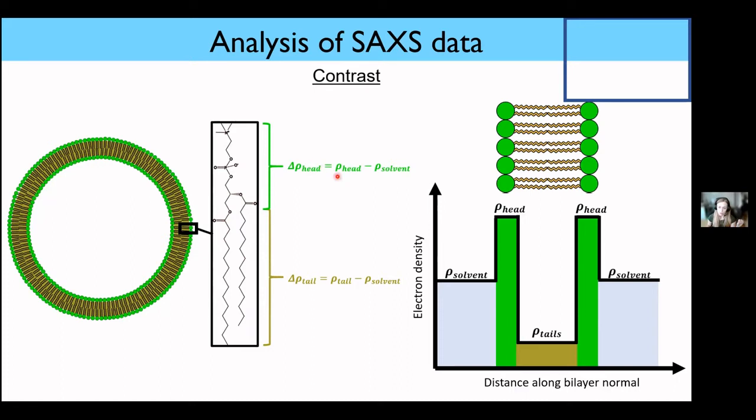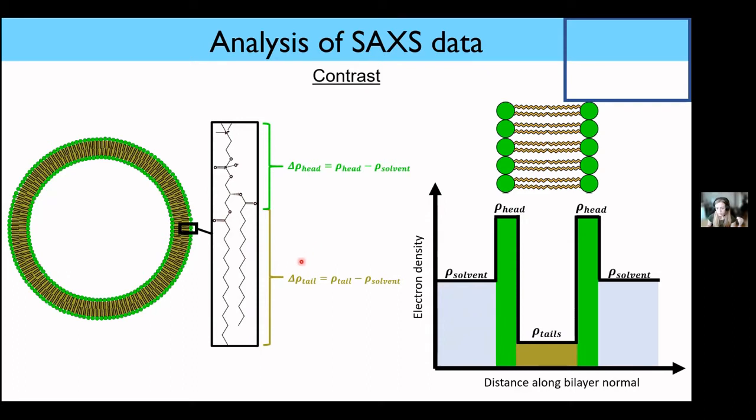So if you look at the electron density profile across a bilayer, it will look something like this. And because of these large differences, the bilayer is very sensitive to any insertion of a material that has a different electron density.